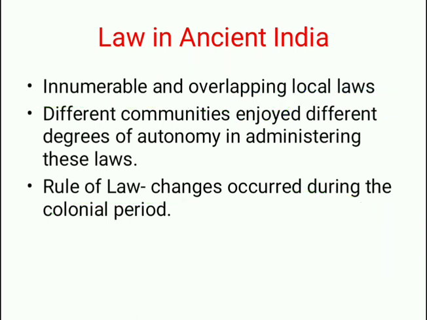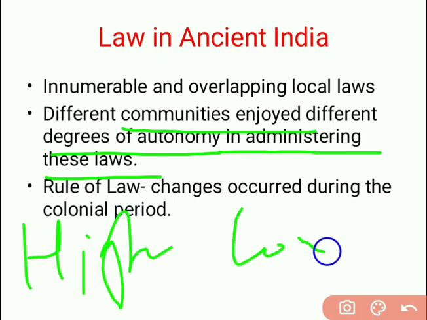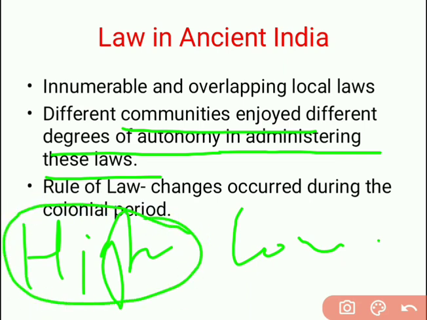And apart from this, in those days the powerful communities enjoyed different degrees of autonomy in administering these laws. I mean, high caste and low caste, and high caste people were enjoying autonomy in administering these laws.